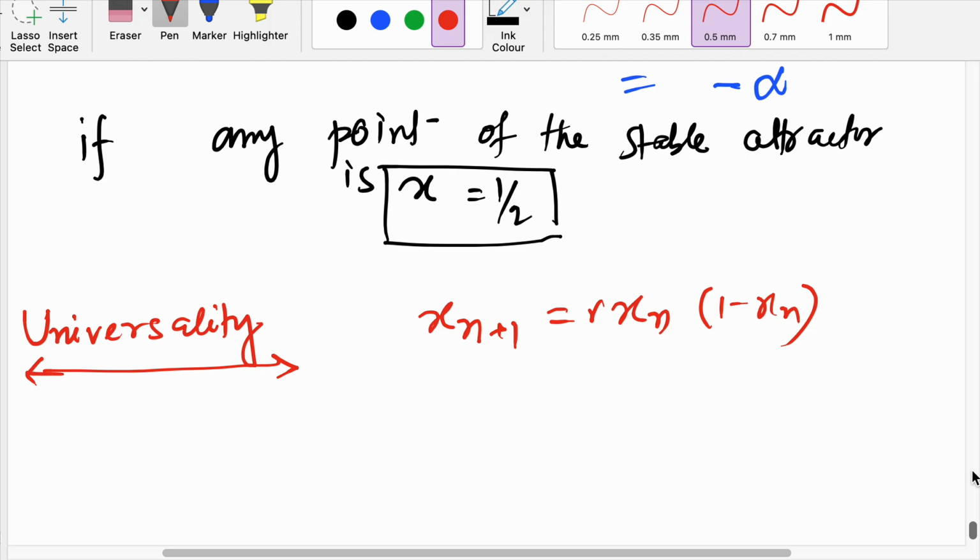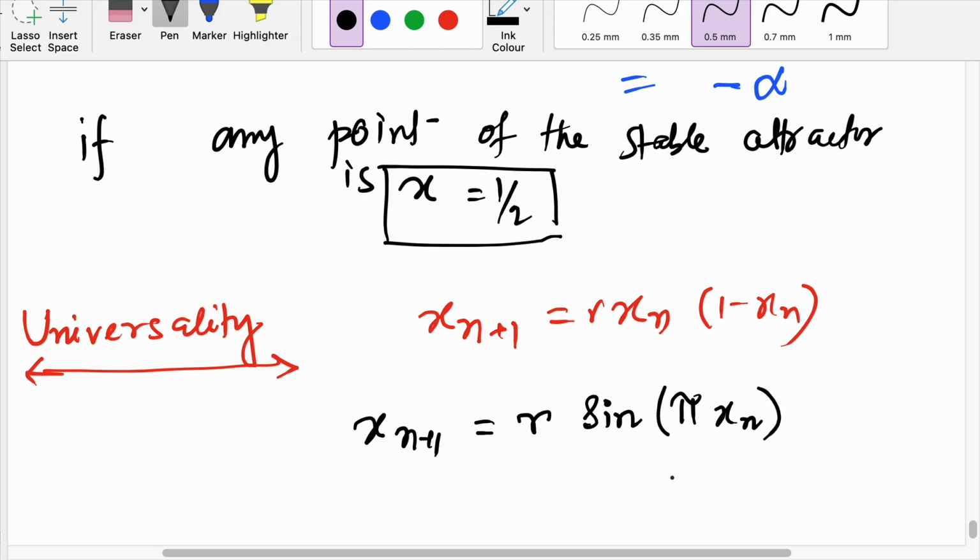Suppose, instead of the logistic equation, I take some more complicated equation, say x_{n+1} = r sin(pi x_n), where r is between 0 and 1 and x belongs to 0 to 1. If it goes to chaos through the period doubling route, there will be something similar to the logistic equation.